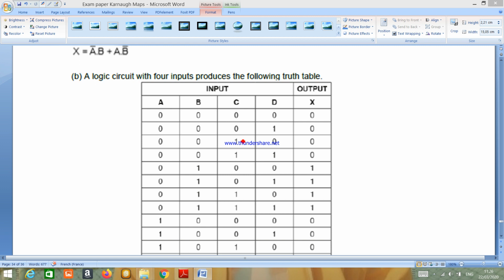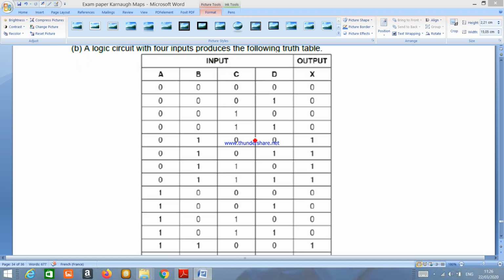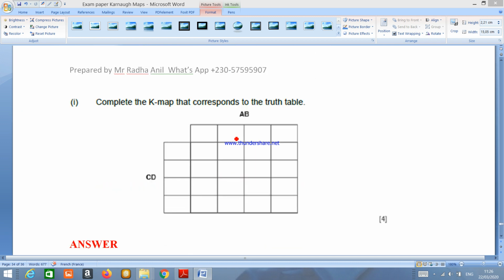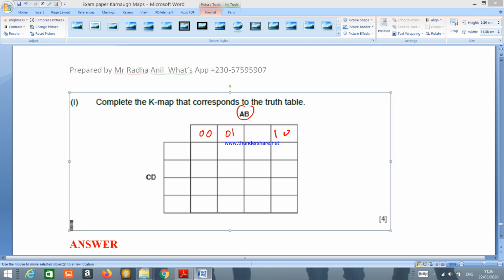Next, now what is given, another truth table is given, and then you have to populate the Karnaugh map. It's easy. This is AB, so 0 0, 0 1, 1 0 and 1 1. This is CD, 0 0, 0 1, 1 0 and 1 1.